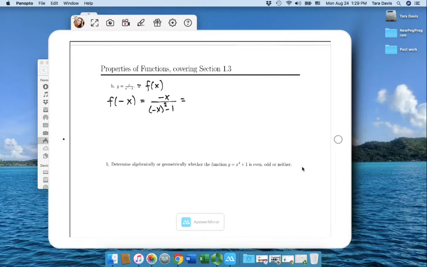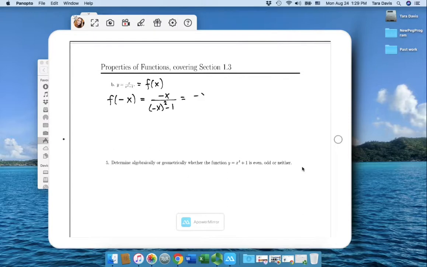When we simplify this, this is equal to negative x over x squared minus 1. So we're going to compare. And in fact, this isn't the same because the denominator is the same, but the numerator is different. So this function is not even.